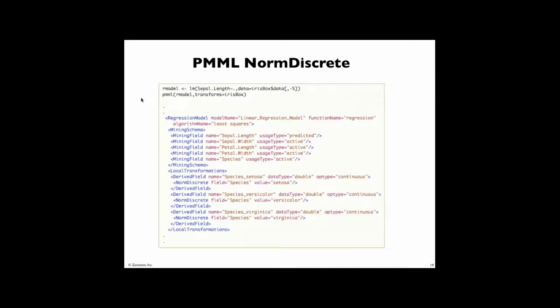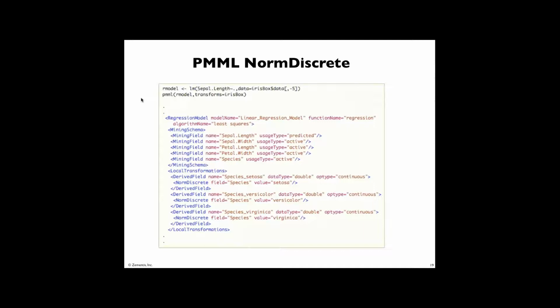And you can see the part of the sample PML that the raw data expected in mining schema is the raw data, sepal length, petal width, and species. There's no extra variables. All the transformation information is encoded in the PML model in the local transformations element right below it. And PML defines it as a norm discrete element.